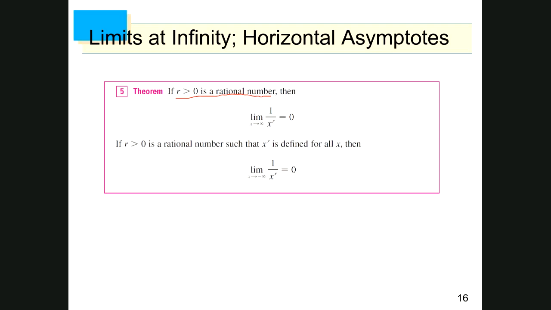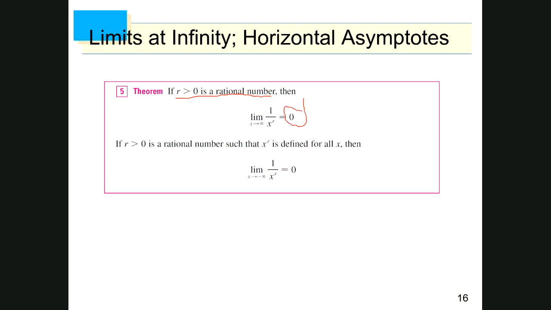So if r is greater than 0 and rational, then the limit as x tends to infinity of 1 over x to the power r equals 0. Why is that true? If r is a positive fraction, typically you're going to get square root, cube root, and so on. It doesn't matter what root you're using, as long as it's a positive root. As x gets bigger and bigger, the bottom will still be going very large. You still end up with 0.